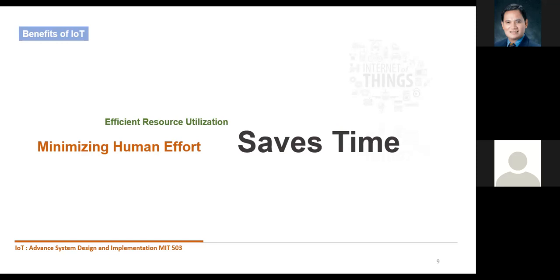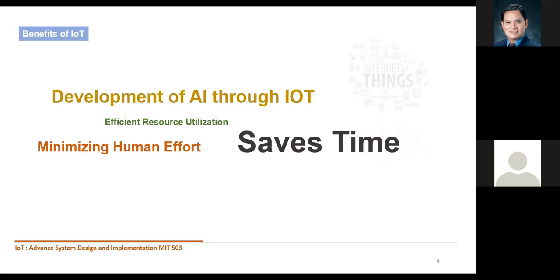Development of AI through IoT: the programs will have automatic warnings or AI programs, and once it reaches or ticks a threshold, it will compute on its own and then send it to you. And of course, improved security.